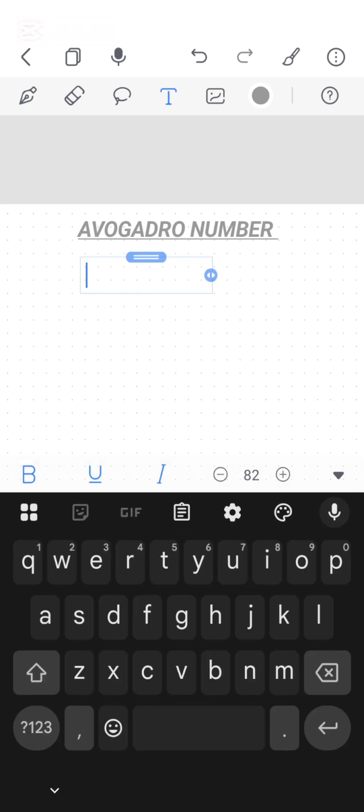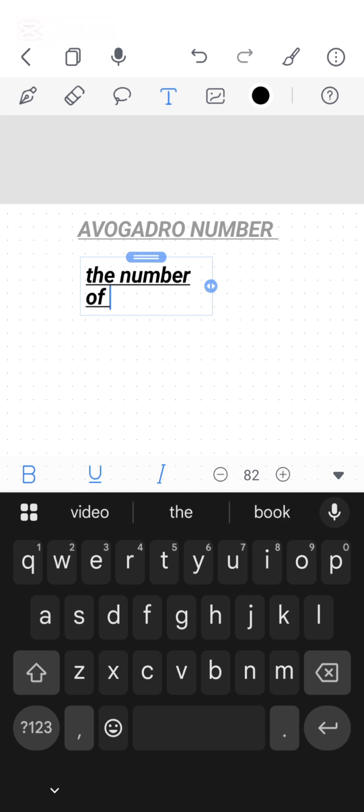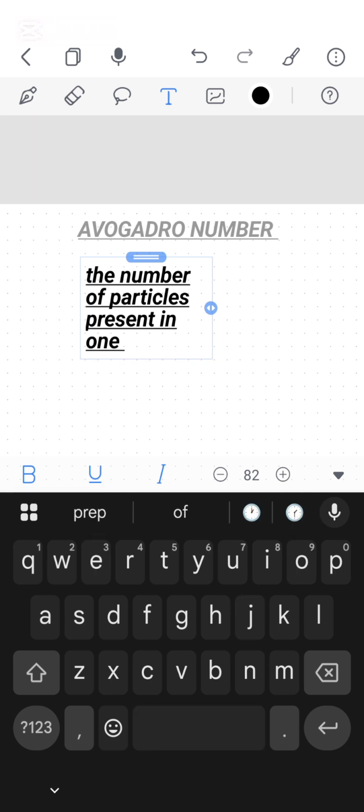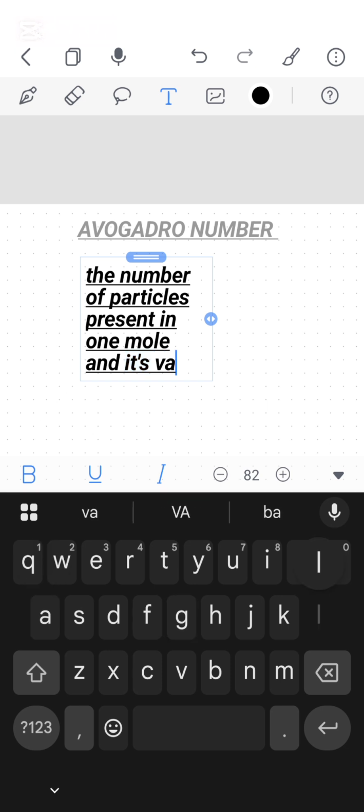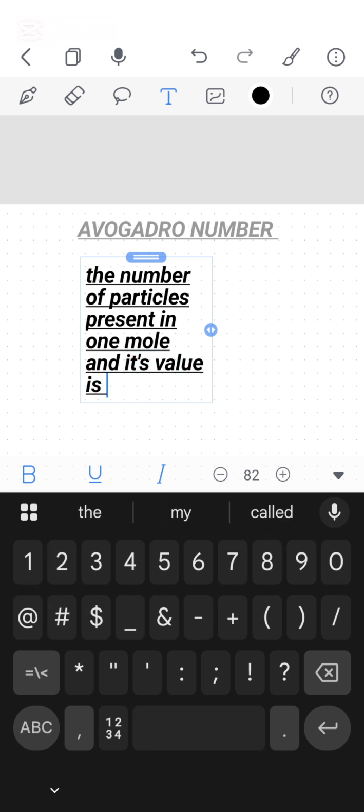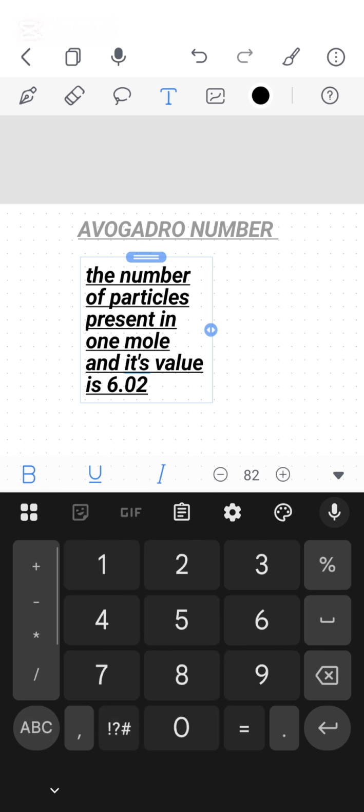So basically, what is Avogadro number? The number of particles present in 1 mole, and its value is 6.02 multiplied by 10 to the power 23.